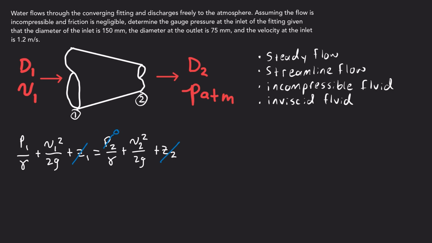In order to solve for V2, the velocity at the outlet, since we know that the fluid is incompressible, we can apply the continuity equation, which states that the flow rate at the inlet is equal to the flow rate at the outlet. Flow rate is determined by velocity times area.